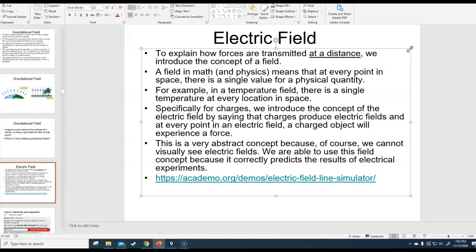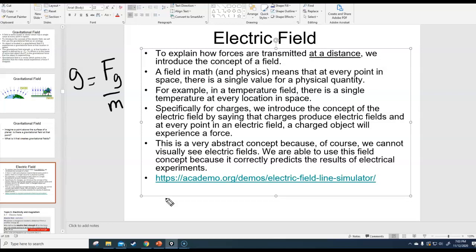Now, in the case of the gravitational field, we define the gravitational field, little g, as basically the force of gravity, the gravitational force a mass would experience, divided by the magnitude of that mass. Okay, the electrical field is defined in a very analogous way.